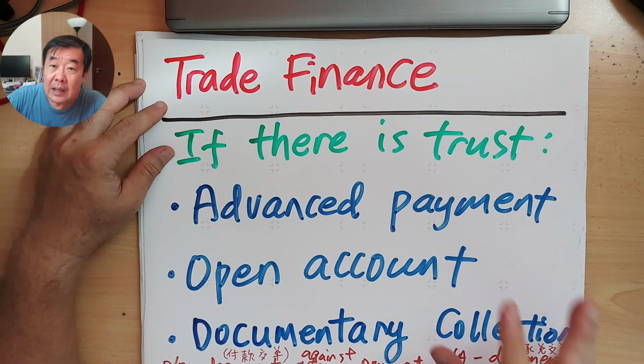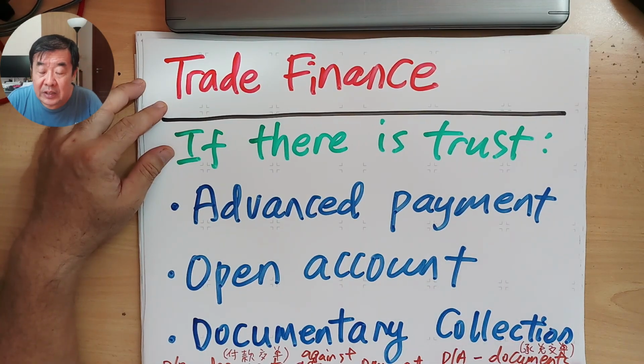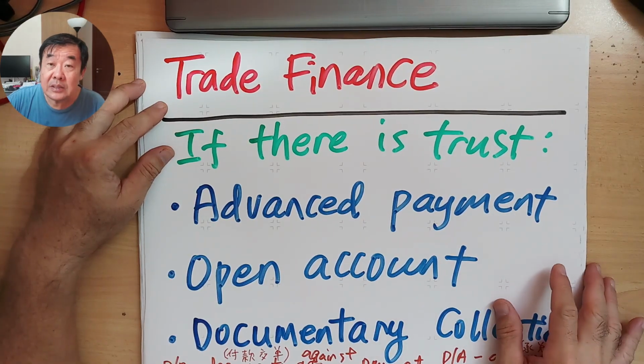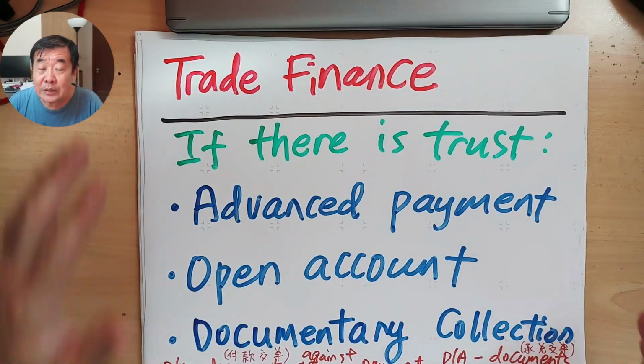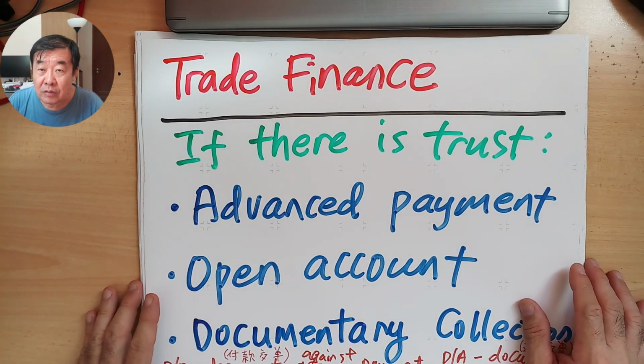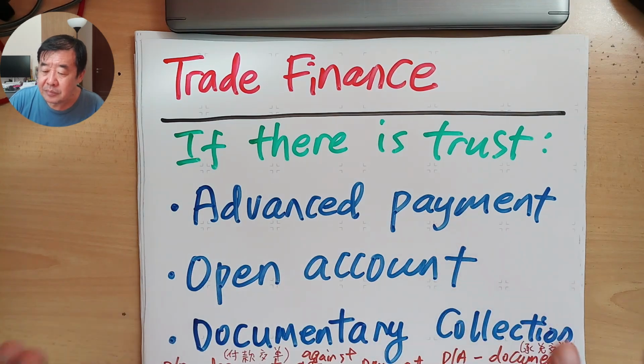So in this case, the bank is not involved in this transaction, maybe only for the current account or checking account. But again, if there is trust between importer and exporter, then all this trade financing can be kept to the minimum, and the cost of transaction can be kept to the minimum.